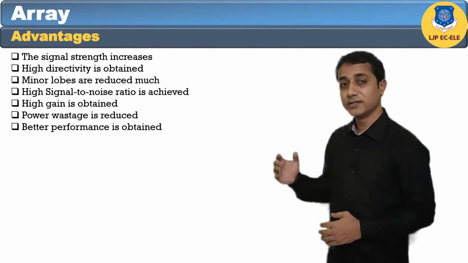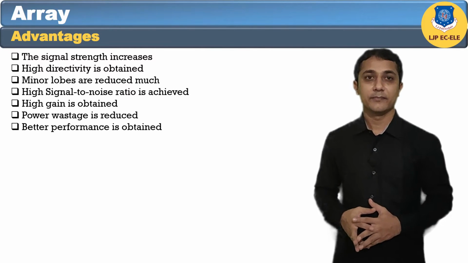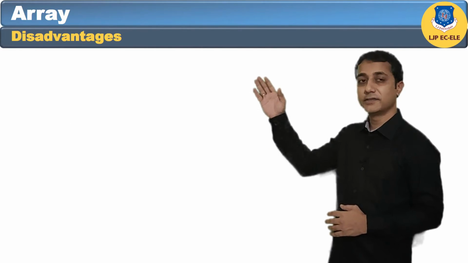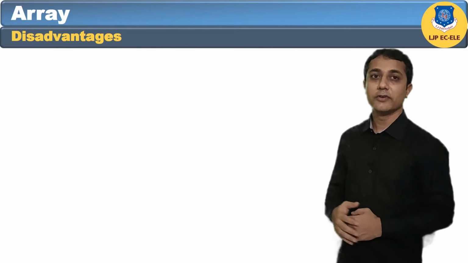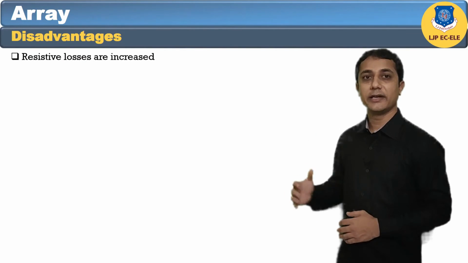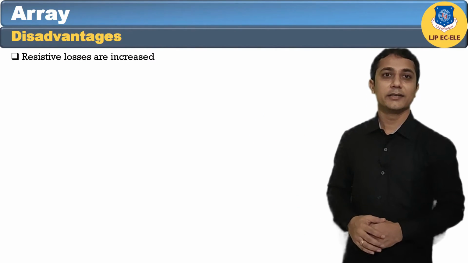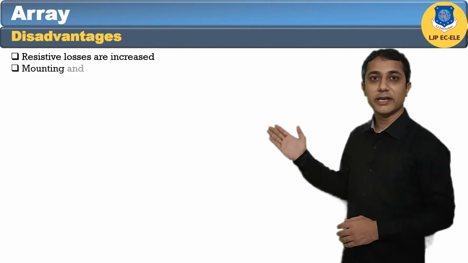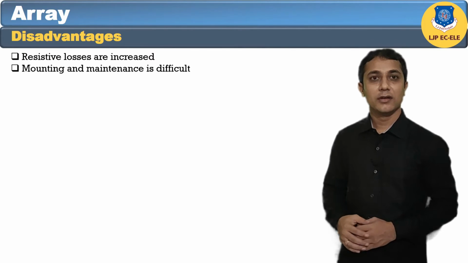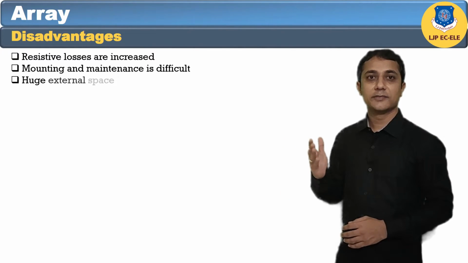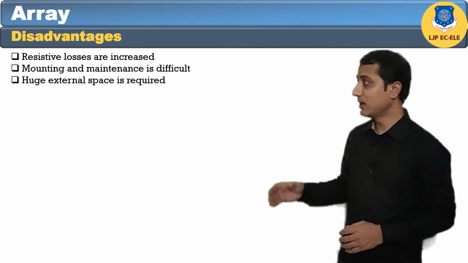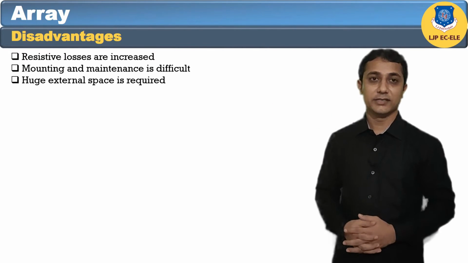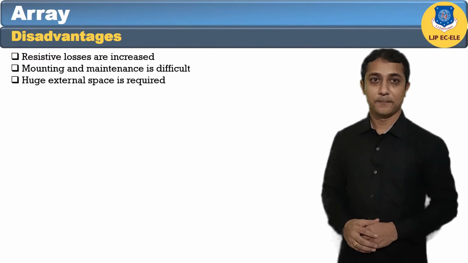These are the advantages of the array antenna. Now, what are the disadvantages? The following are the disadvantages of the array antenna. The first, that is, resistive losses are increased, mounting and maintenance is difficult, huge external space is required. So these are the three main disadvantages of the array antenna.